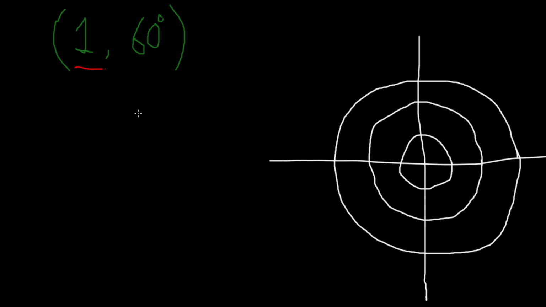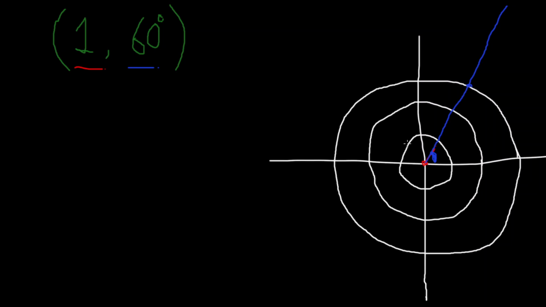So 1 is the radius, so we go from the center to the first circle, and then the 60 degrees. 60 degrees is about here.